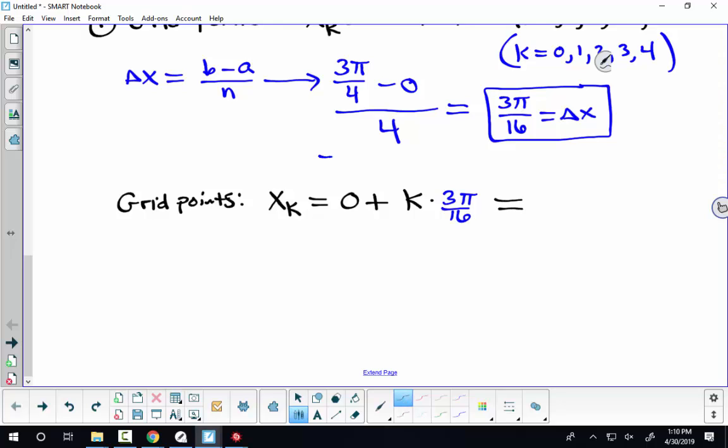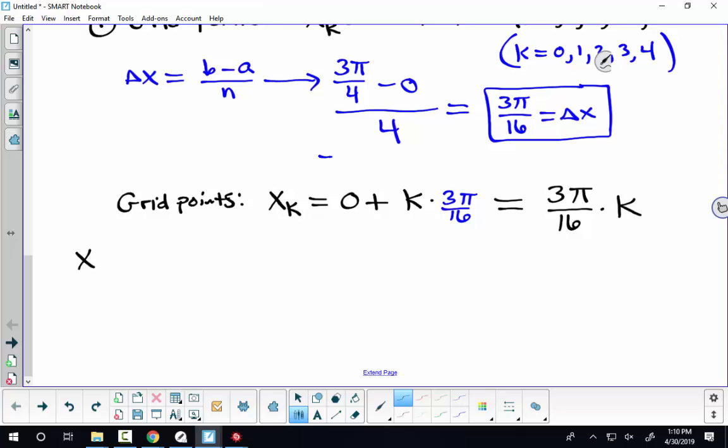So all of our grid points are defined by 3 pi over 16 times k. In other words, the endpoints of all 4 rectangles will be defined once we go from k being 0, 1, 2, 3, and then 4.